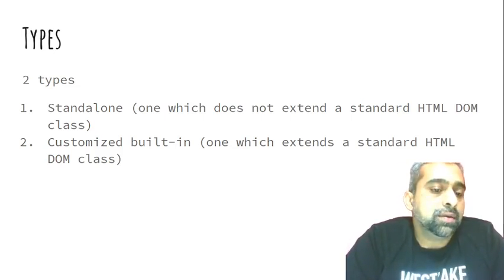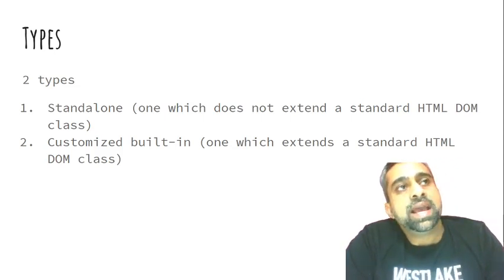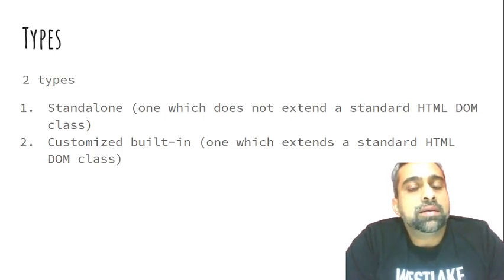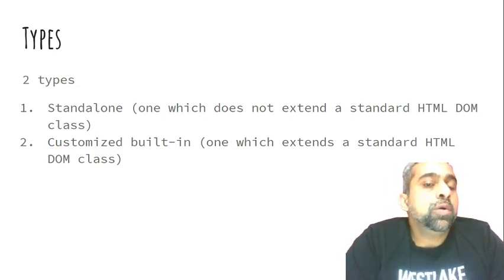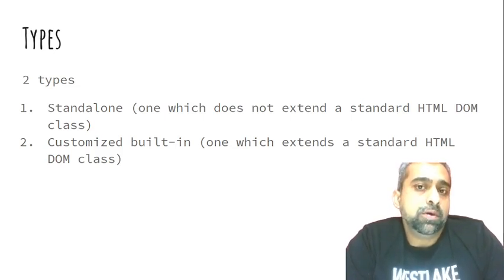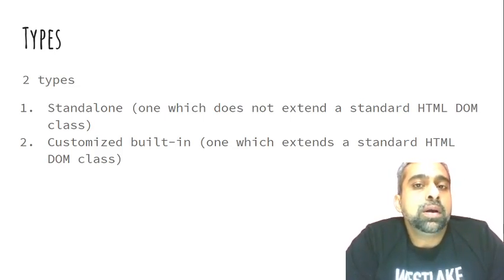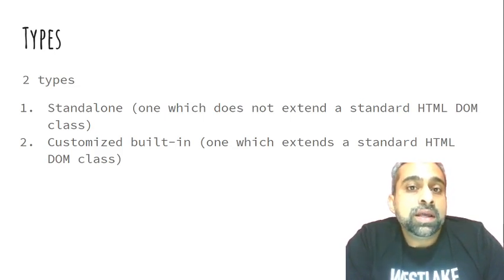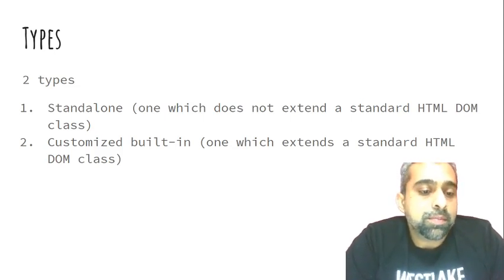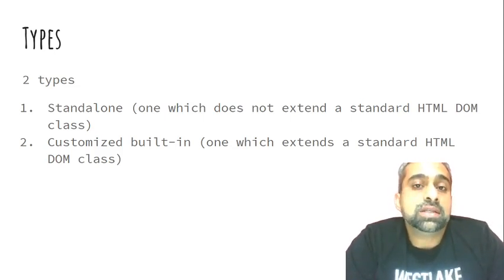Now, customized built-in: this is basically extending the functionality of existing HTML tags. For example, if you want to give more functionality or more meaning to a built-in HTML tag, for example the paragraph tag, that is P, you could do that using web components. So that's the second type of web component that you can build.